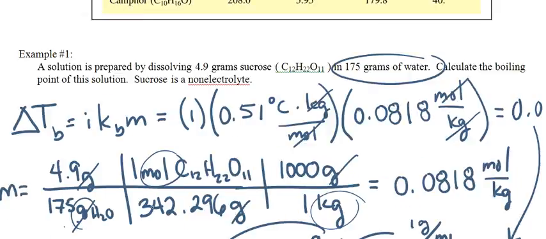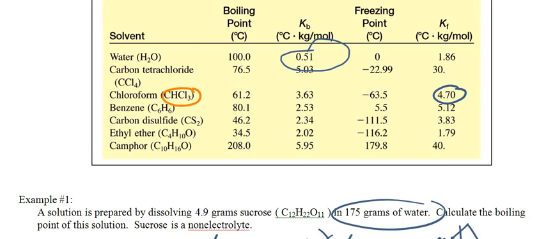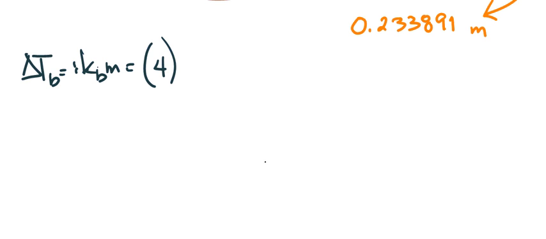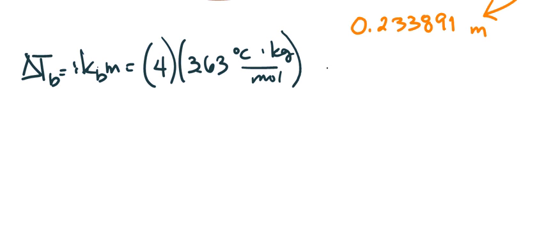So 3.63. How'd I get that? Right there. 3.63. If I say it enough, I'll remember it. 3.63 degrees Celsius per kilogram mole. And we just calculated the molality, so that'll save us a little bit of time.